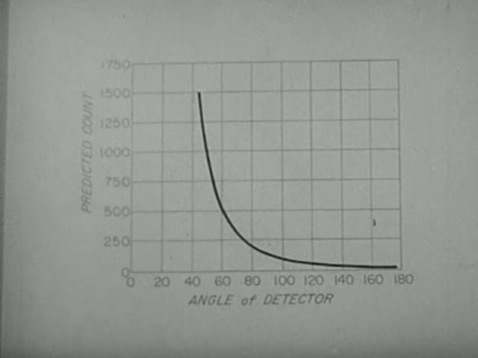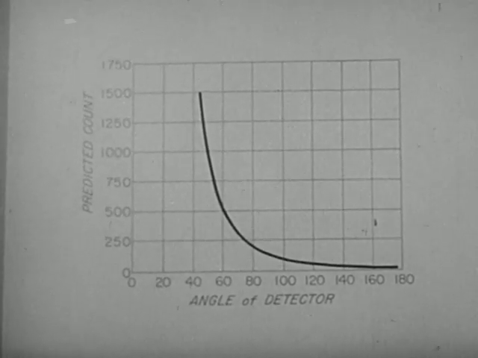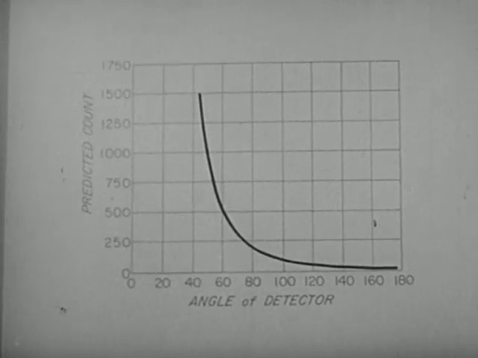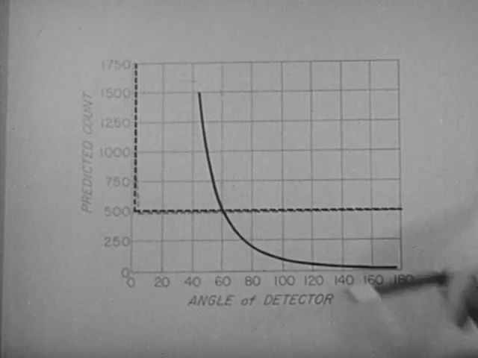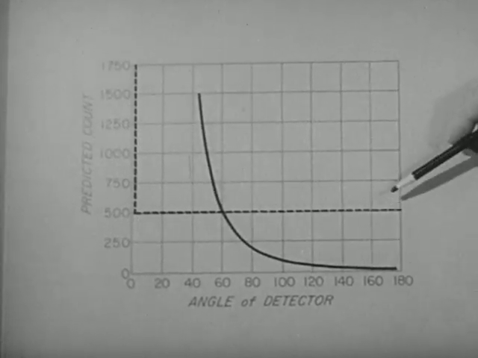As before, the predicted count is plotted on the vertical axis, and the angle of the detector is plotted on the horizontal axis. Here, by contrast, we have a graph derived in a similar way for hard sphere scattering.